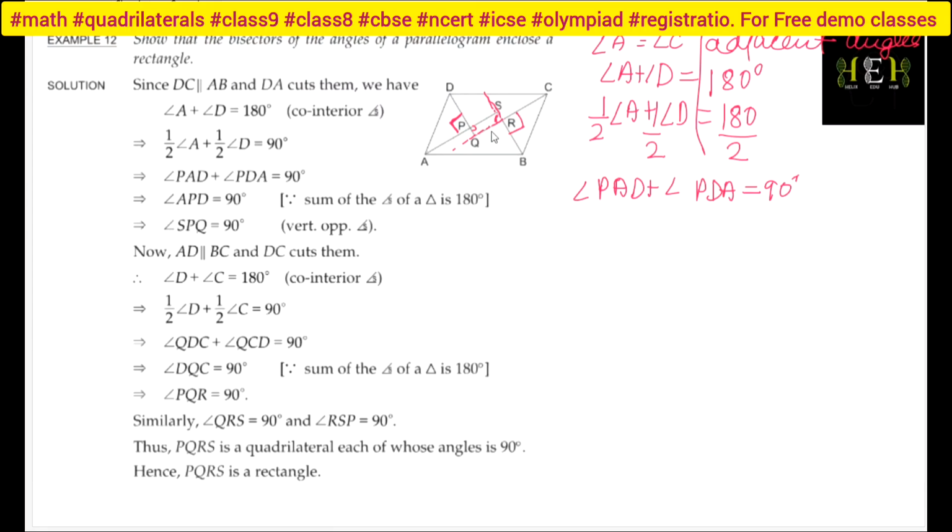Now tell me, these two are parallel lines because of the bisectors, just right now. Is it okay? Now I will say D and C. Come to the D and C side. D and C summation is also 90 degrees from this side. See, first I approach these two parallel lines, next time I will approach these two parallel lines. Now when I approach from these two parallel lines, I will say this one and this one is also 90 degrees. You understand my approaches?